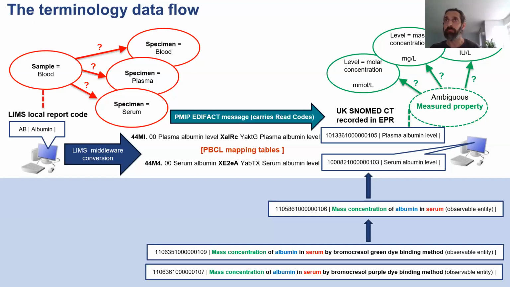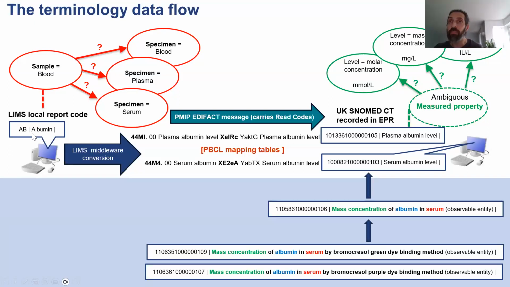Okay, so the terminology data flow. As I've said, we start with lab local coding. So labs are all coding in their local or proprietary code lists. On the left-hand side, it's a local report code. There's other bits of information in the data form as the data entry takes place.